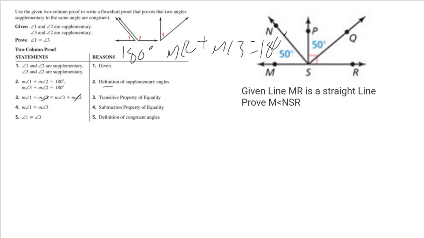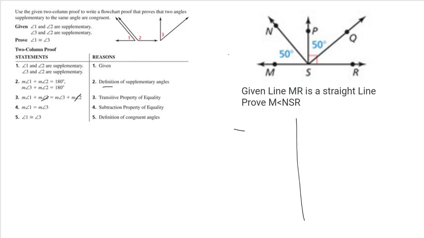So let's pretend now they give us this one and they ask for a proof. So my statement is that line MR is straight. This is my given.